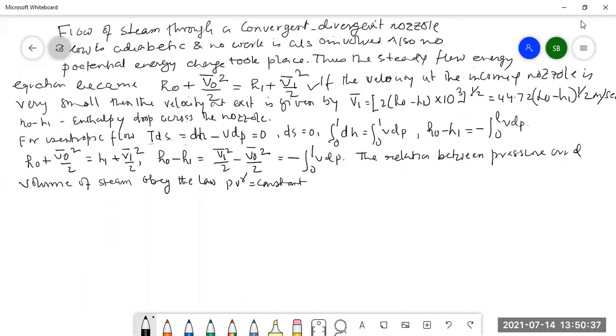Now, where K is the isentropic index itself.